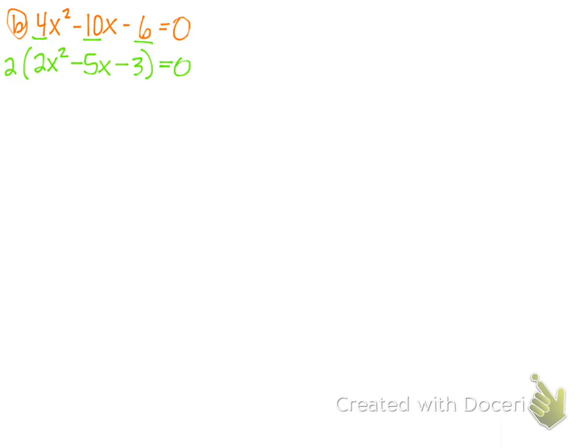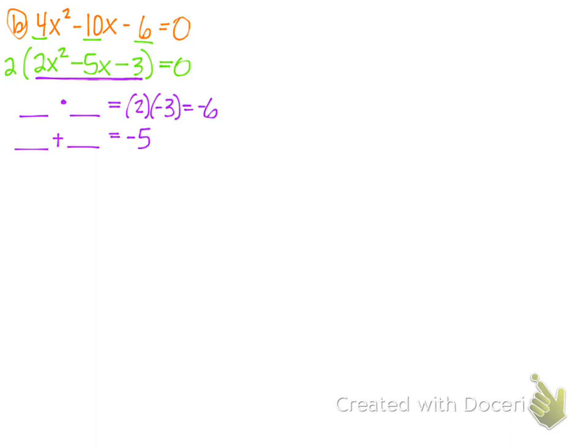So now we can go in here and we can do blankety blank. So let's set up our blanks. We have blank times blank is equal to A times C, so 2 times a negative 3, which is negative 6. And then blank plus blank is equal to B, and B in this case is negative 5.